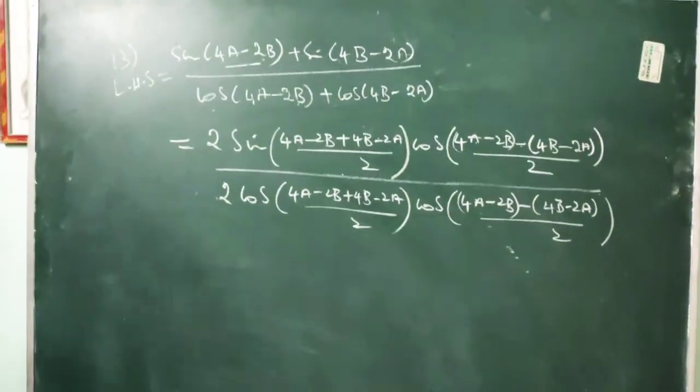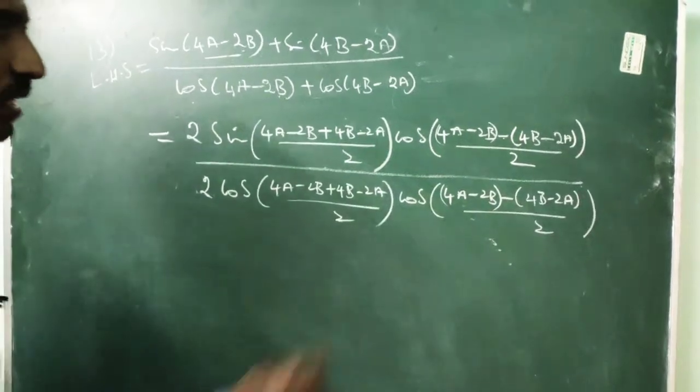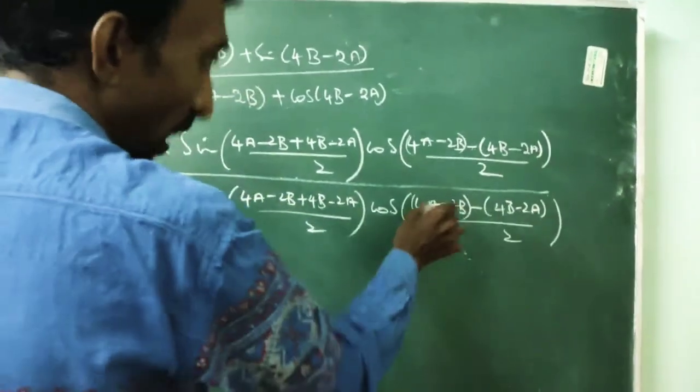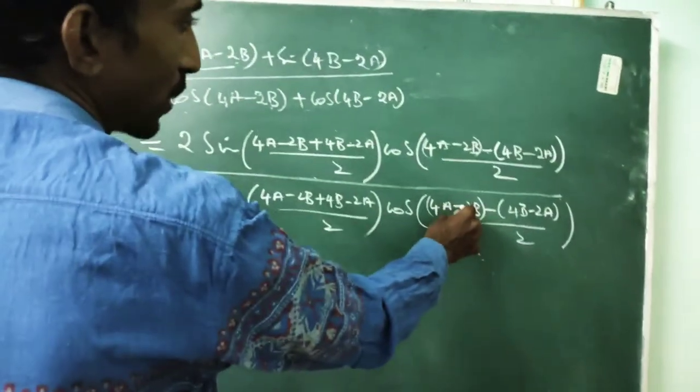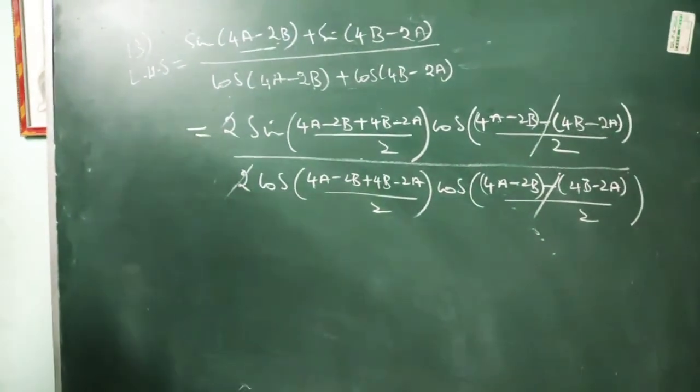So now look at both the values, and no need to simplify anything. 4a minus 2b minus (4b minus 2a) by 2, the same thing is present, so we can cancel this, the 2 cancels, okay.